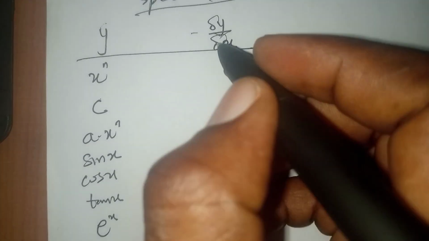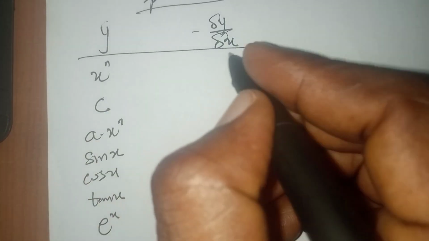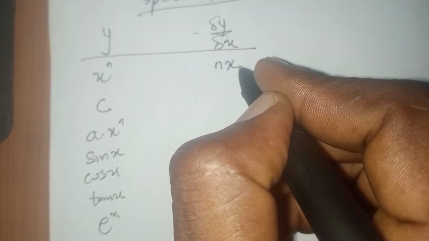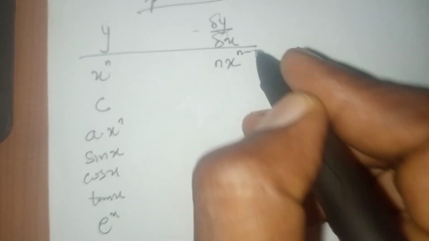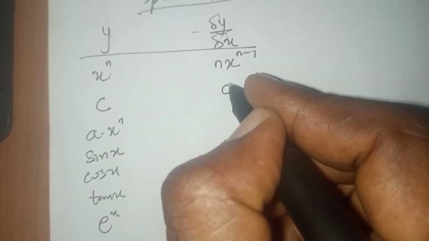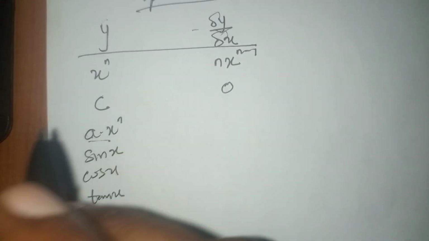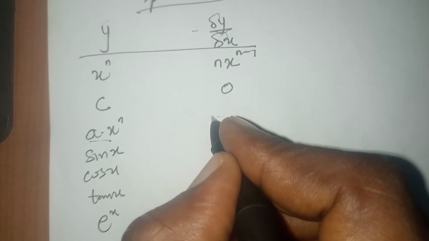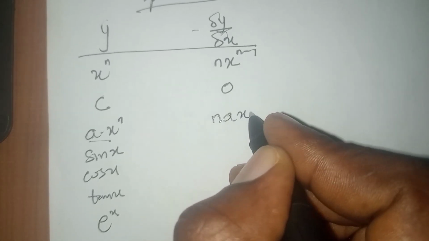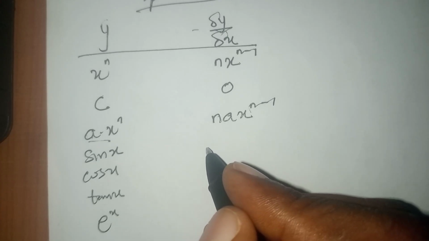All right, so what is the derivative of x raised to power n? The derivative of x raised to power n is nx raised to n minus 1. The derivative of any constant is 0. What about the derivative of a times x raised to power n? This a here is just a constant, so this will be nax raised to n minus 1. What is the derivative of sine x?